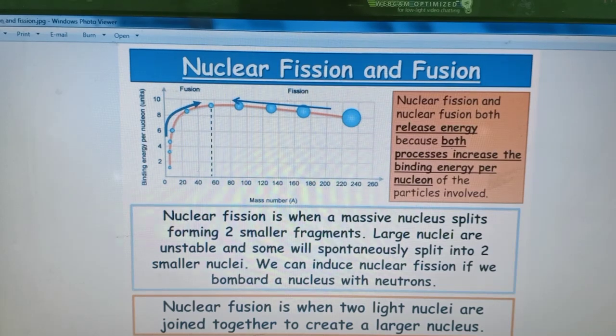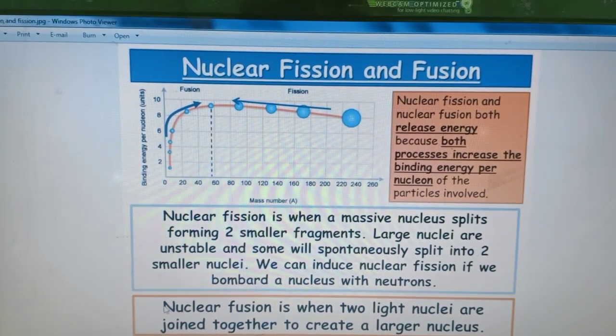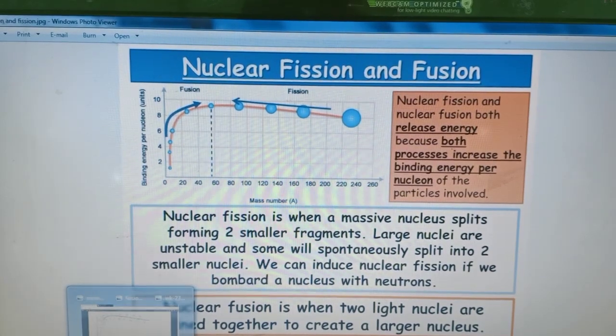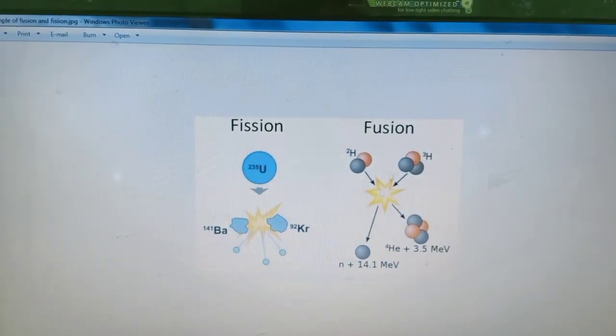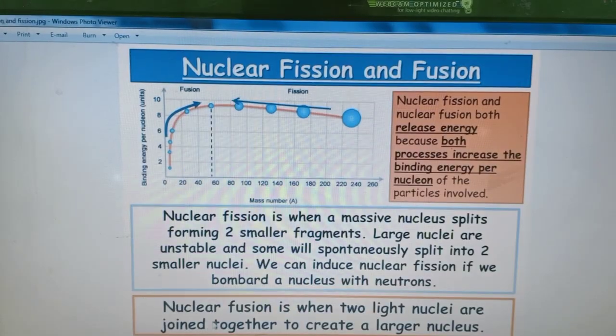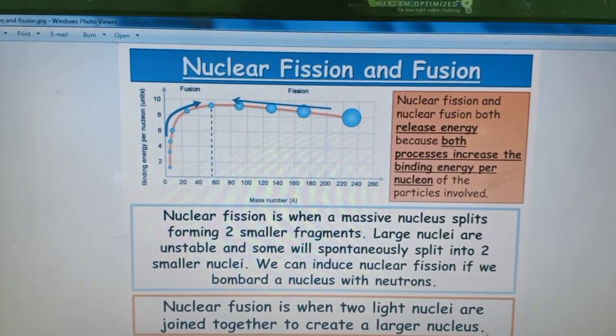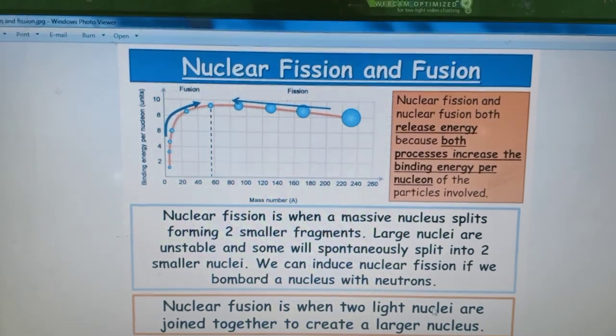We can induce nuclear fission if we bombard a nucleus with neutrons. And nuclear fusion is when two light nuclei, such as deuterium and tritium just now, join together to create a larger nucleus. This larger nucleus is more stable than the light nuclei.